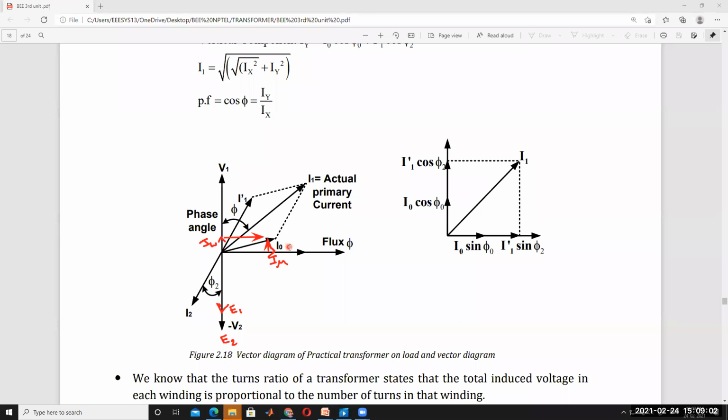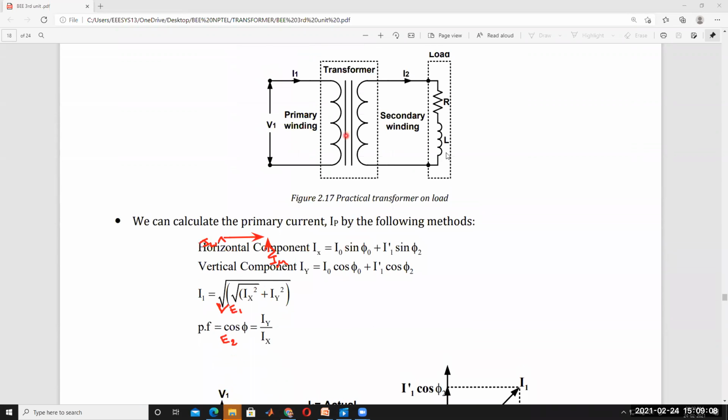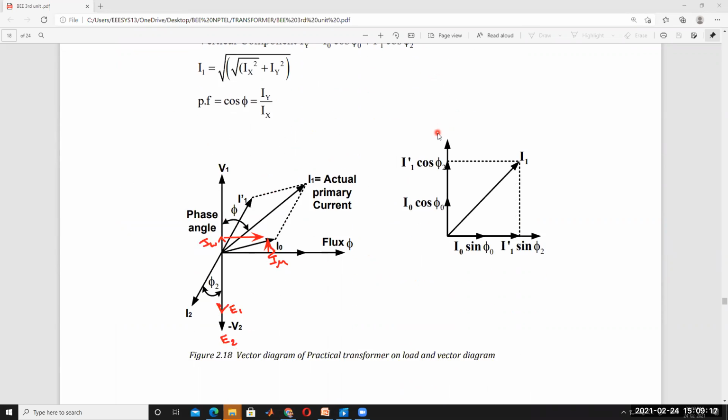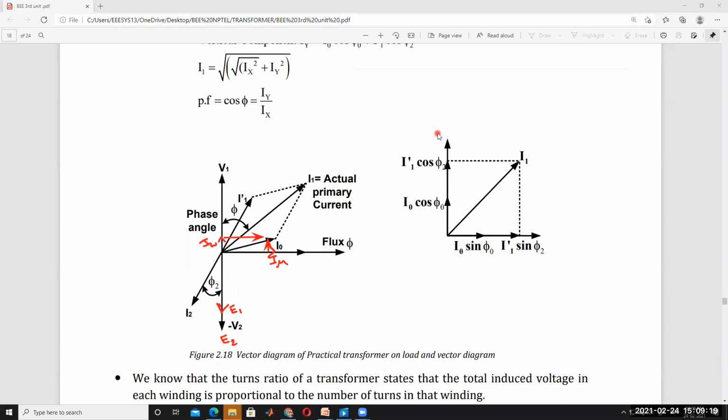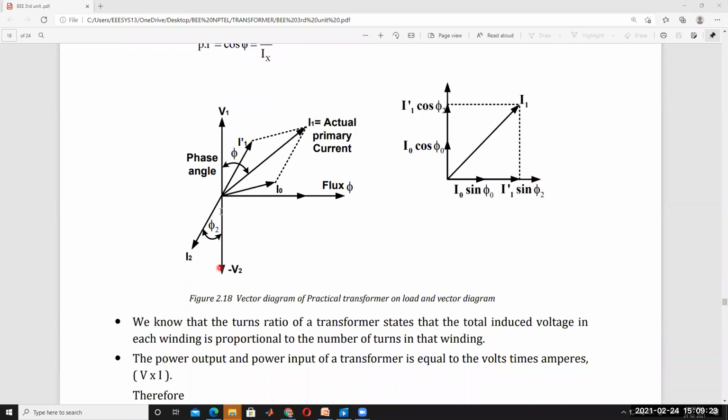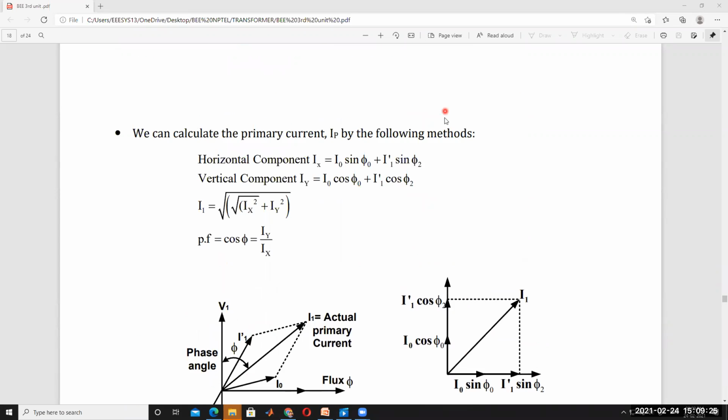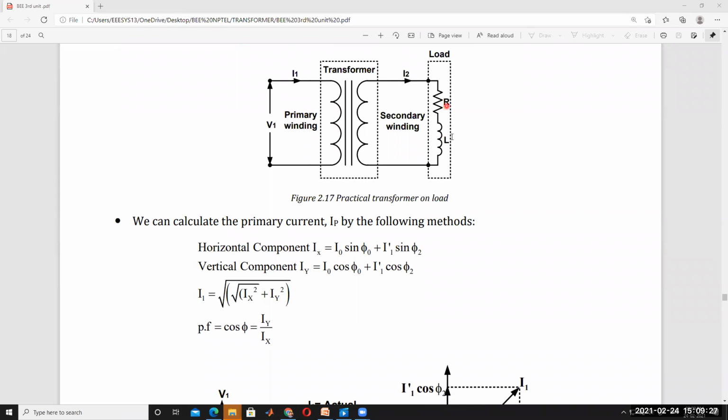So what happens now? If the load is connected on the secondary side of the transformer, some amount of current I2 is drawn from the supply. That current is called I2. It is an inductive load, an RL load.